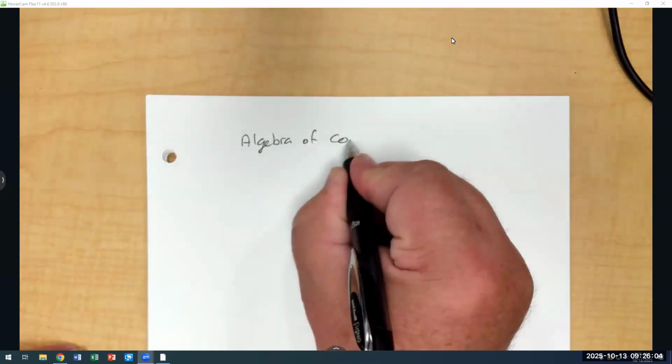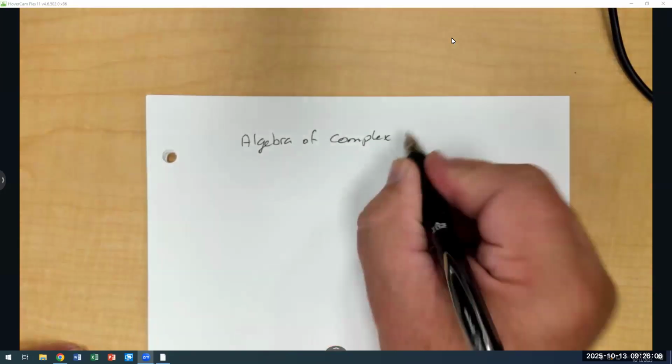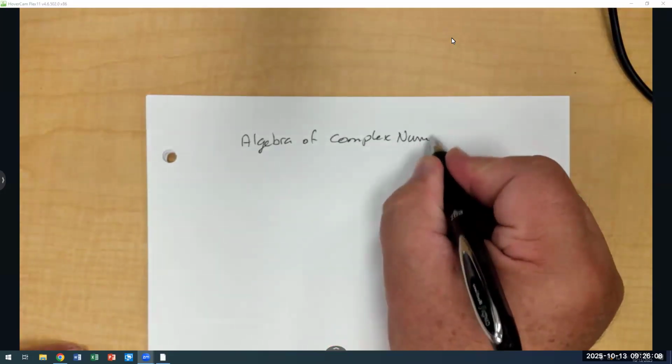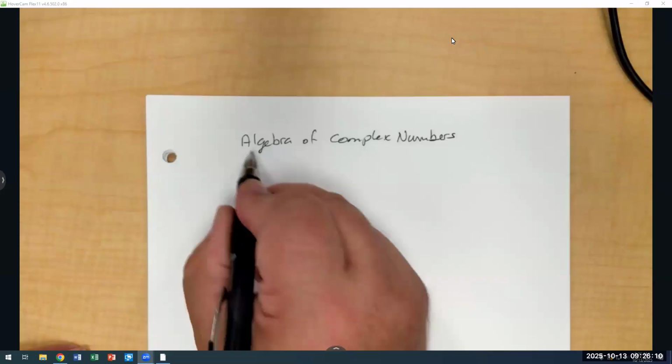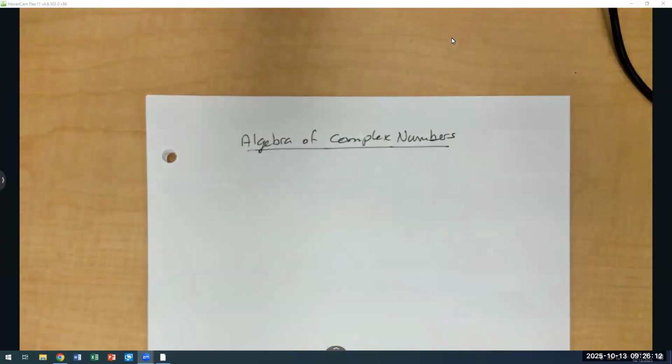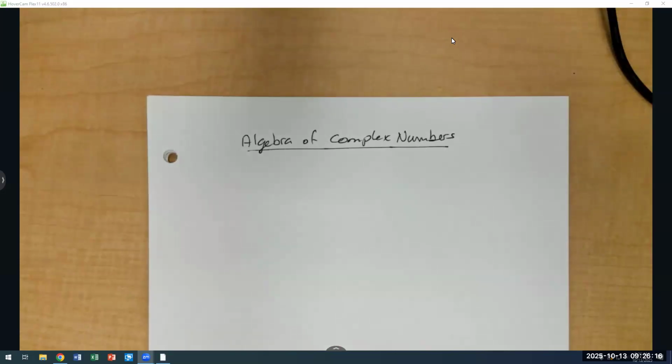Algebra of complex numbers. Remember, when I say algebra of complex numbers, what do I mean? What does the term algebra really mean in this case?